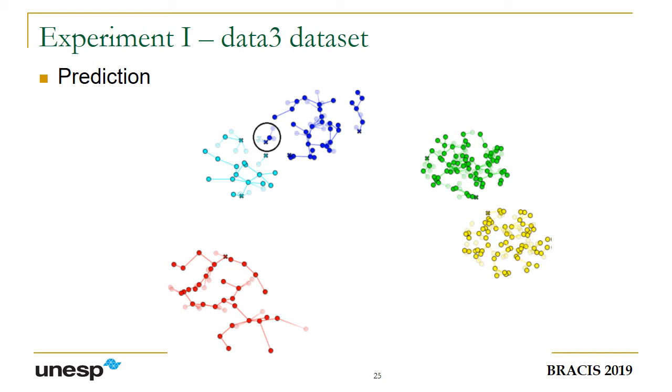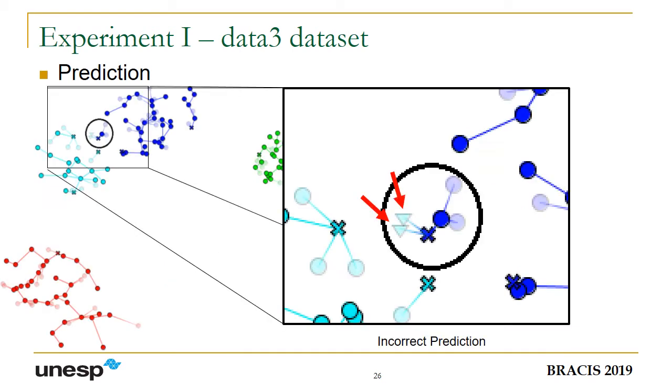Usually the boundary is a delicate point in which we have to pay attention to establish good prototypes. Here the detail, we can see that 2 instances of cyan class were incorrectly predicted as the blue class. They were connected to the blue prototype.